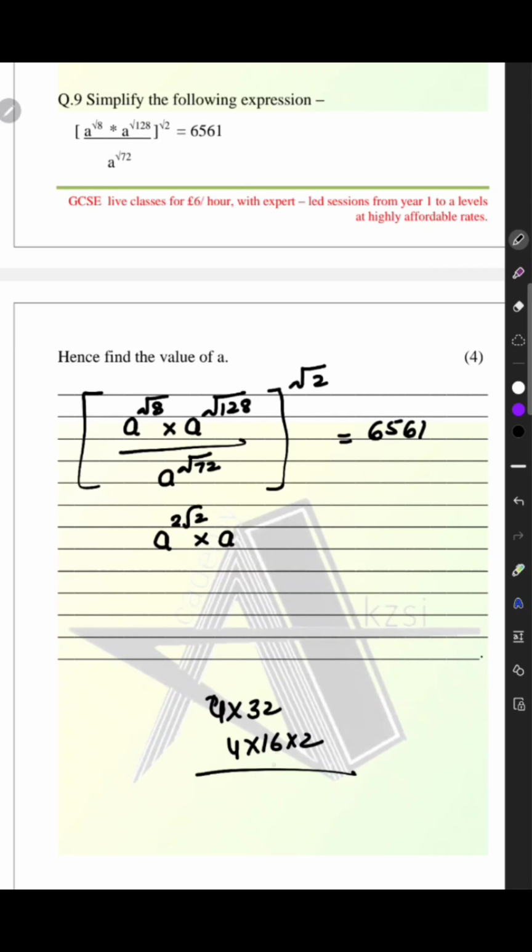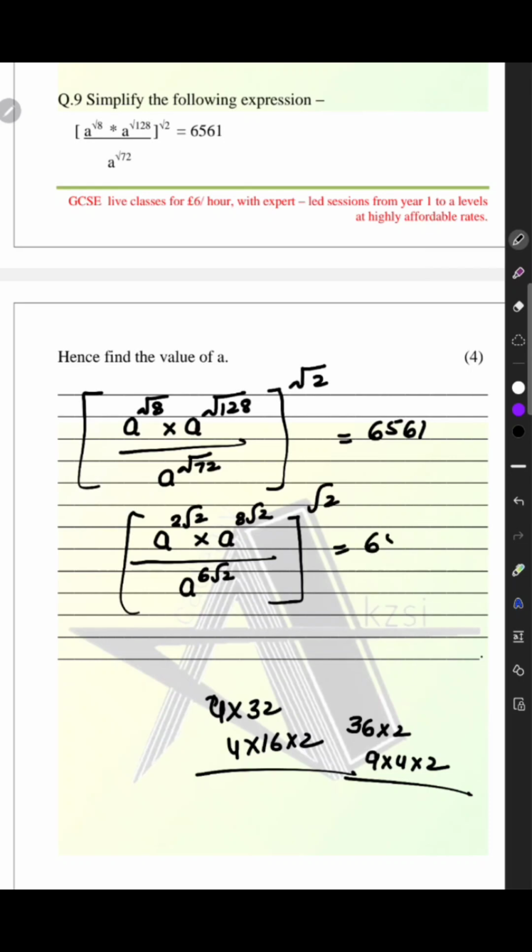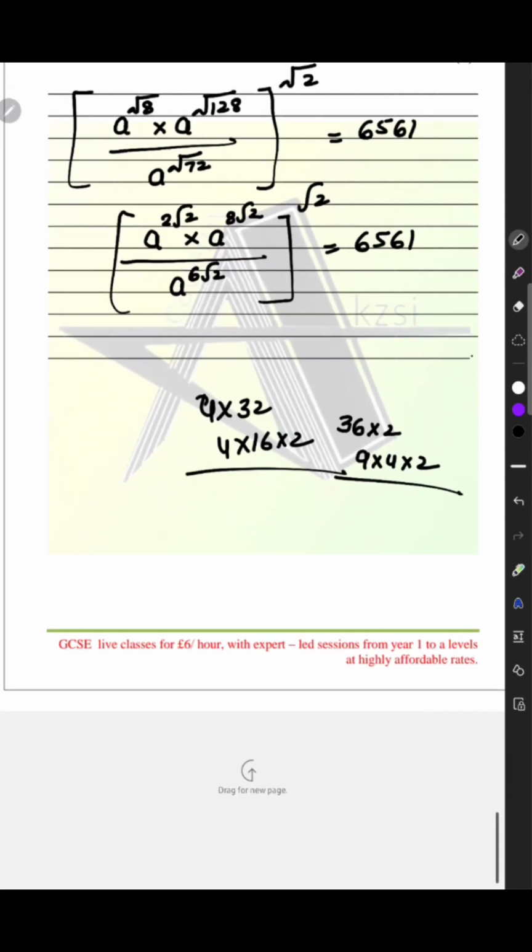So that will give me 8 root 2 over 72. Now 72 can be written as 36 times 2, 9 times 4 times 2. That means 6 root 2. So a to the power of 6 root 2, whole to the power of root 2, is equal to 6561.